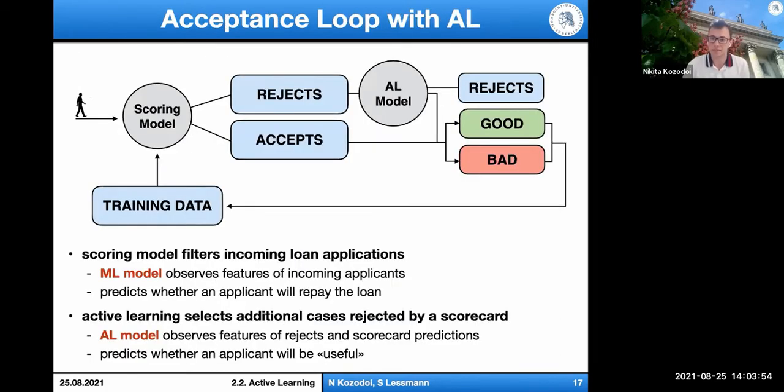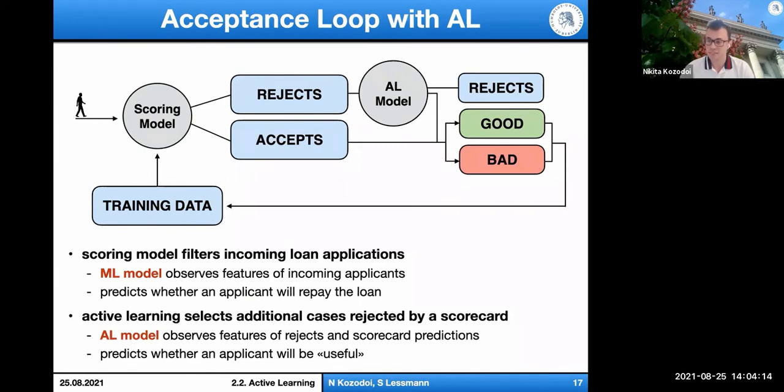And in our case, in the credit scoring context, what it actually means is that in the acceptance loop that you saw before, we are simply integrating an additional model. So we still have a scoring model in place that filters the incoming applicants and decides whether to accept or reject them.